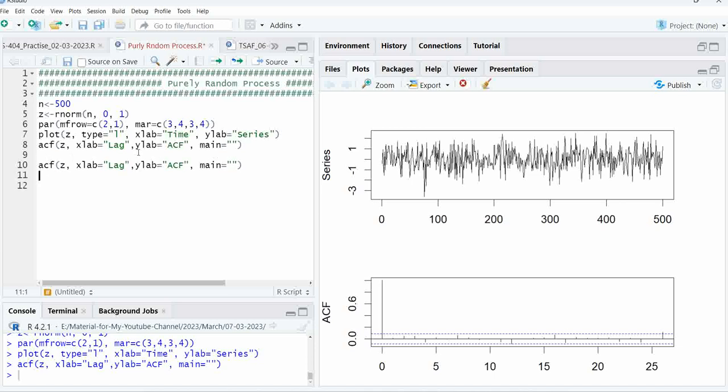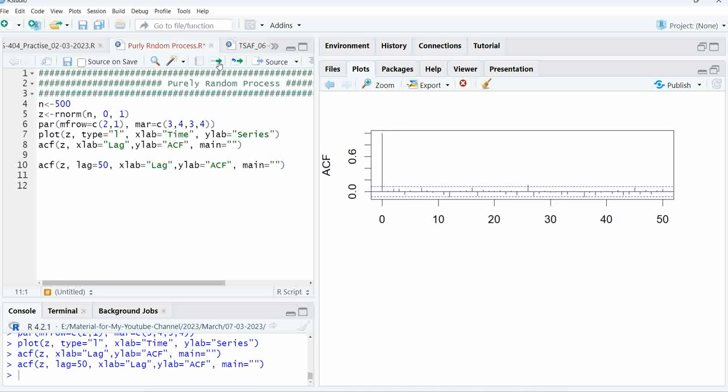You can plot. This is generally for lag 25, but you can increase the number of lags, that is lag equal to 50. So I can increase this for lags until lag 50 and 100 and so on.